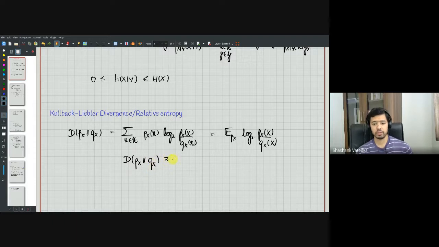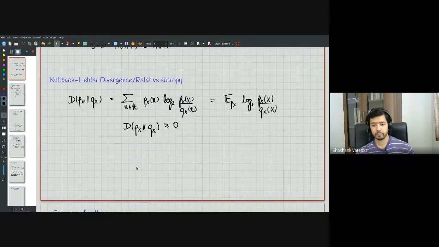So it is greater than or equal to 0, and it is equal to 0 if and only if p of x is equal to q of x for all x. So that is why we call it a divergence. And in some sense, it quantifies how different the two distributions are. All right.